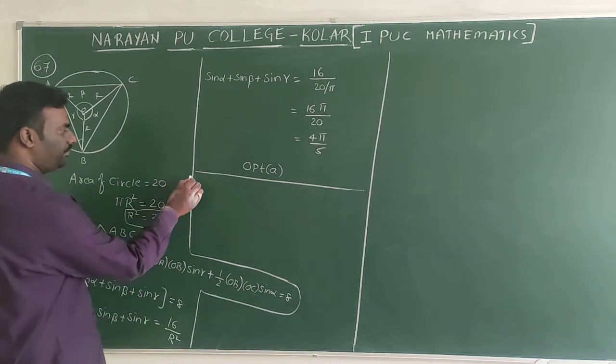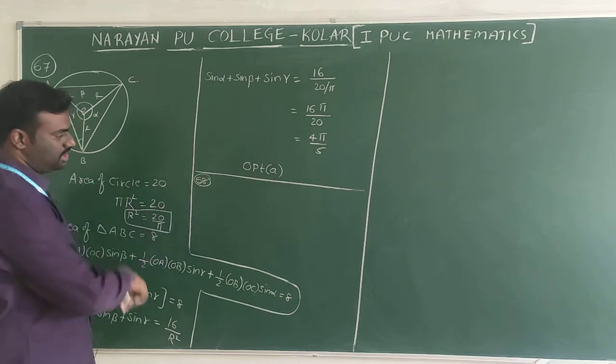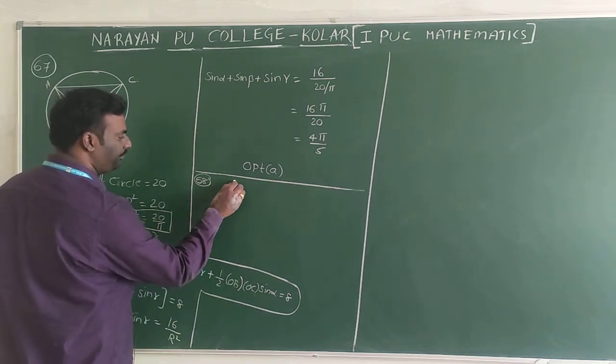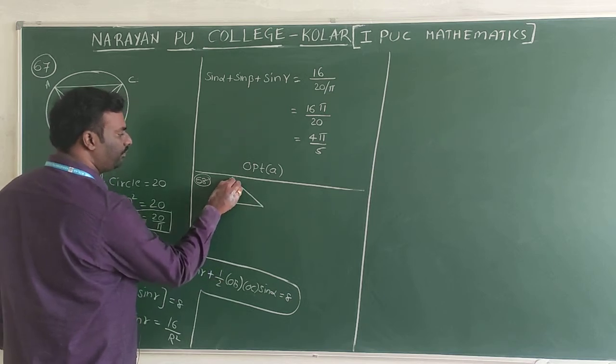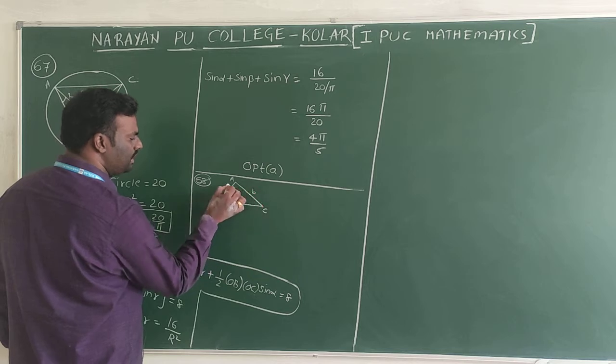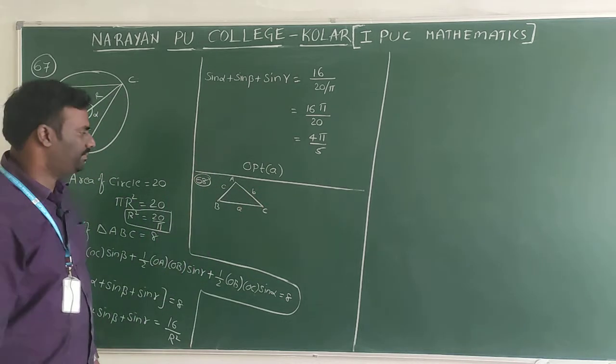Next, 68th question. If triangle ABC has different side lengths, and if A square, B square, C square are the sides of another triangle PQR, then ABC is, see here, this is triangle ABC, this is A, this is B, this is C. Three are different.